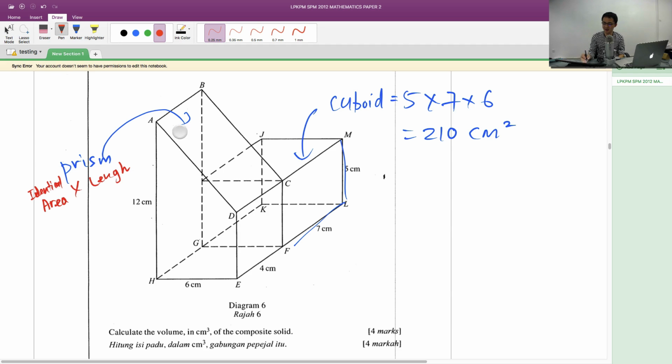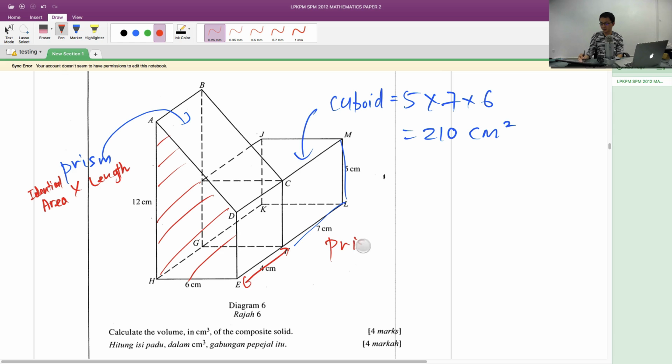So in this case, what is the length? TH, isn't it? The identical area is the trapezium. So I need to find the area of the trapezium and multiply by this length. Then I can get the whole volume of the prism.